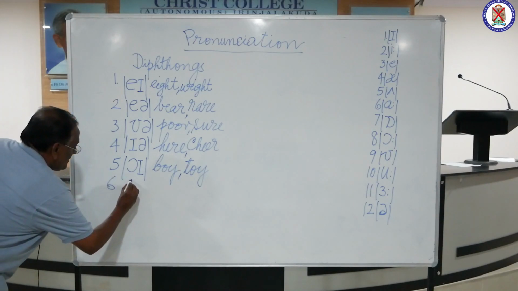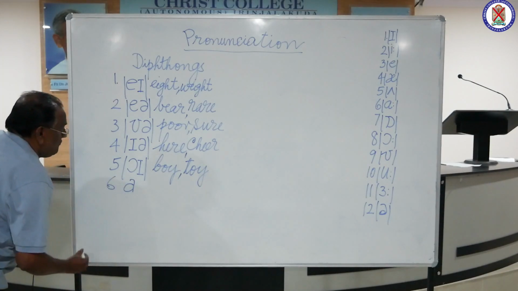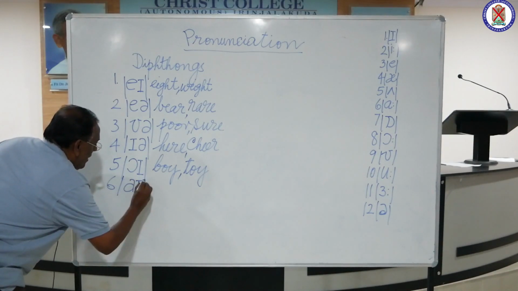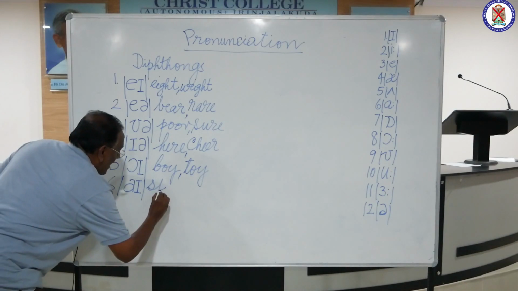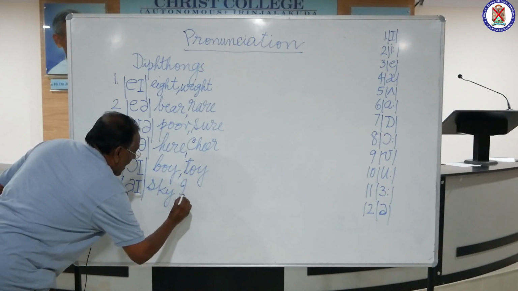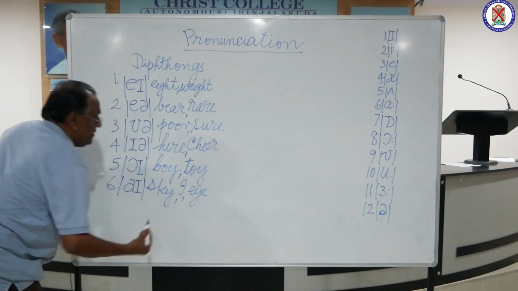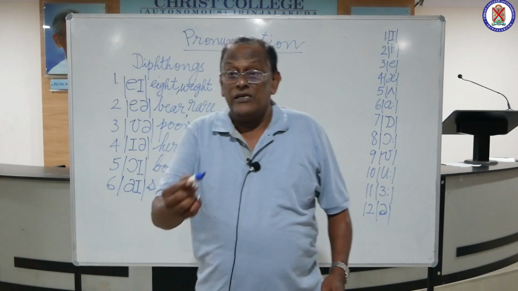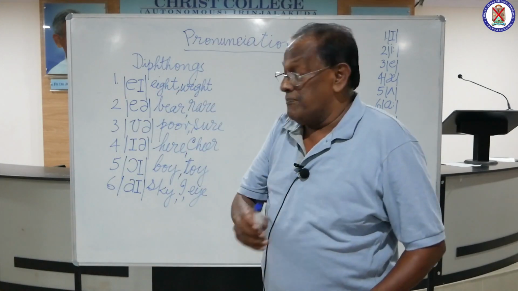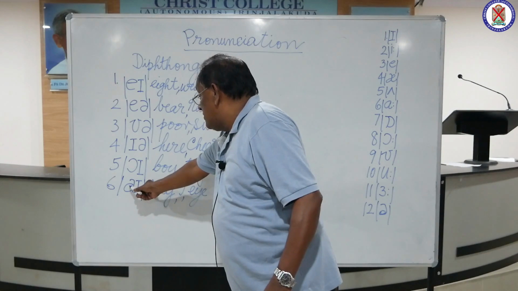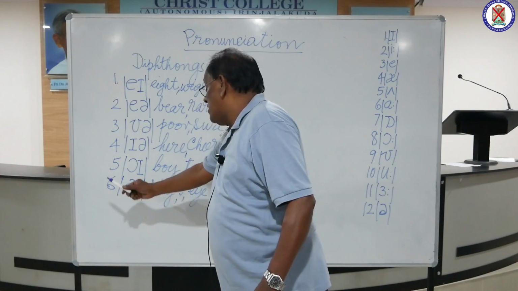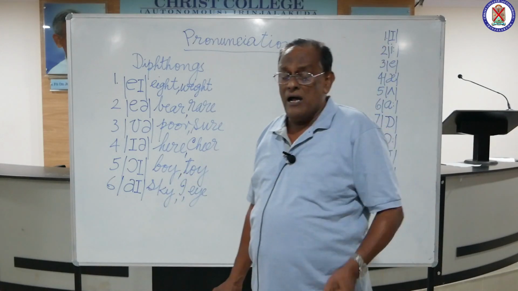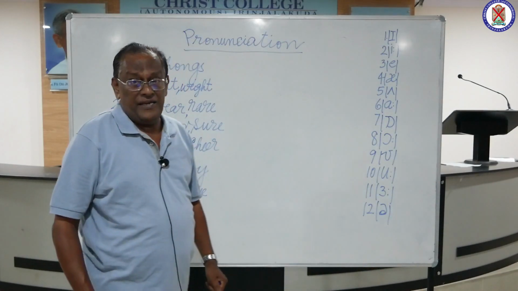This is the symbol for the A sound, and of course the E. A plus E, I. You may note this particular symbol, which is very special. This is the way it is written.